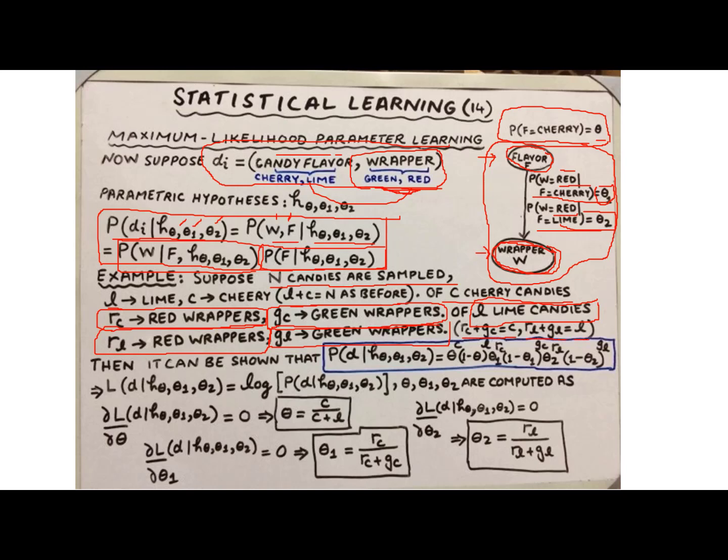I apologize for making this slide a bit more cluttered, but hopefully if you zoom in, you can see how the expressions are written and how the calculations have been performed.